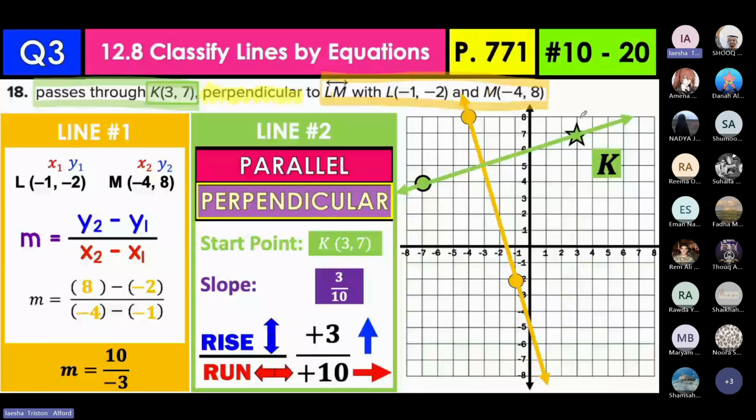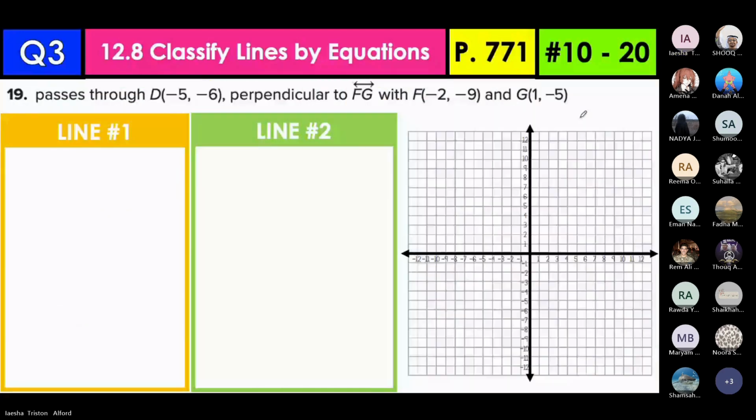Number 19, same again. We want our first line. It's going to be line FG. How do I know it's going to be FG? Because they give me 2 points here. So find the slope of line FG.